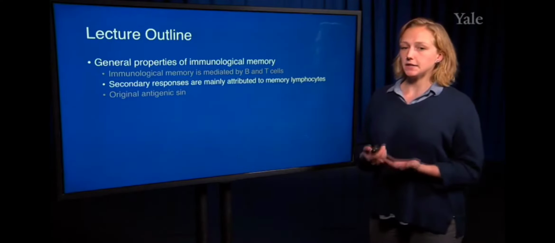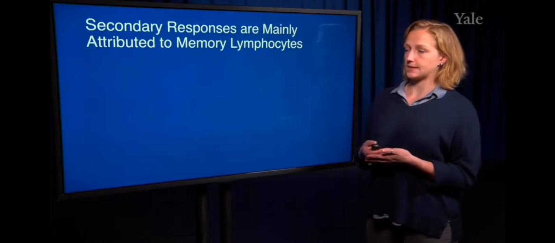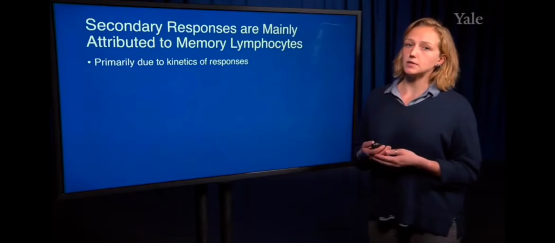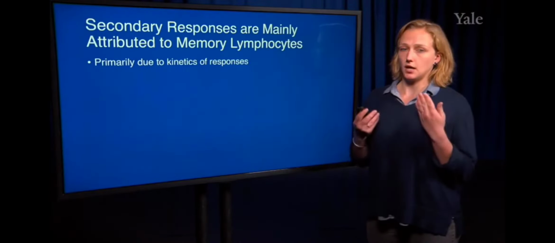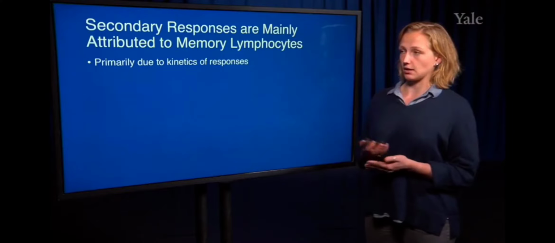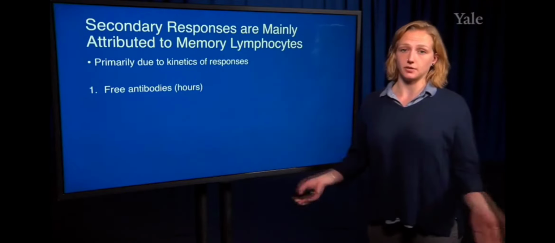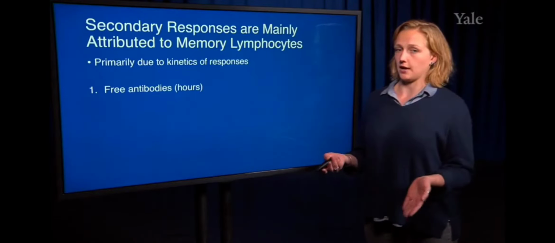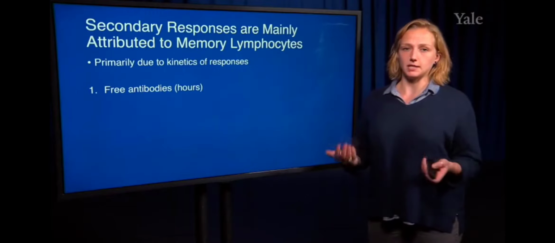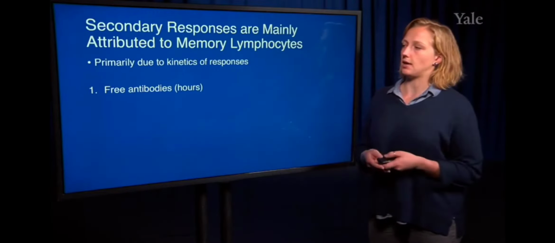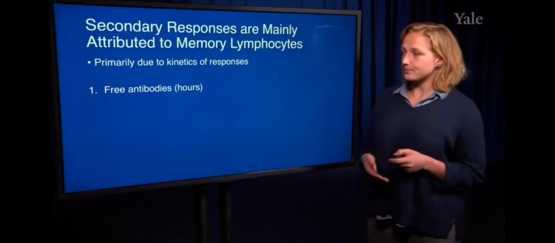Secondary responses are mainly attributed to memory lymphocytes. This is primarily due to the difference in the kinetics of responses between naive lymphocytes and memory lymphocytes. First, we have free antibodies floating in our blood at all times from past infections. Free antibodies are able to bind pathogens readily within the blood or tissues, and this happens very quickly.